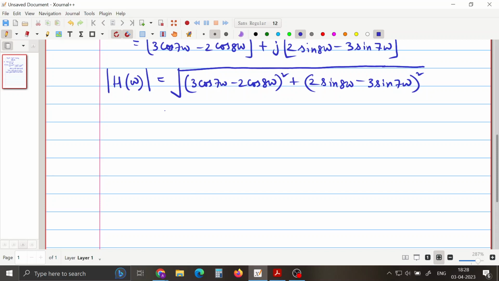so what do we have? So this actually gives us 9 plus 4, because you have 3 cos 7 omega, and then you have 3 sine 7 omega, right? So they become squared and become 9 cos square 7 omega and 9 sine square 7 omega. If we add them together, it just gives the coefficient, which is simply 9. Similarly, we have a 4, and now the other term will be minus 12.